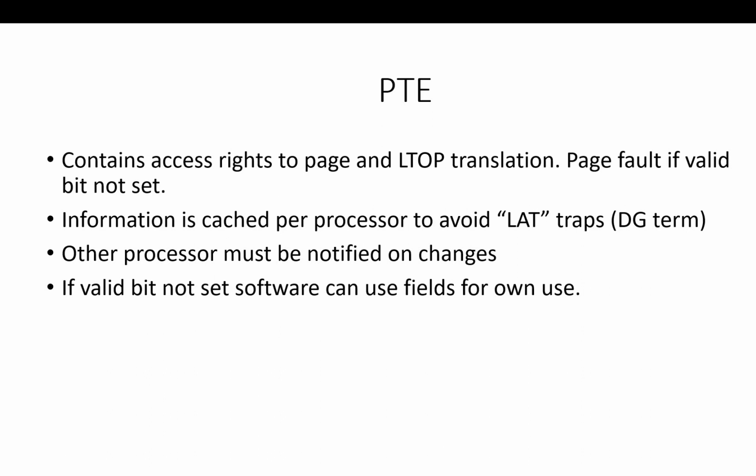The valid bit, again, if it's not set, you'll transfer control to the page fault handler in the operating system. Now, since the TLB is a per processor entity, if a change is made in a PTE, all the other processors need to be notified. So if a system address is removed, say we free a page of memory, or we add a page of memory to the logical address space map, well, remove is probably a better example.